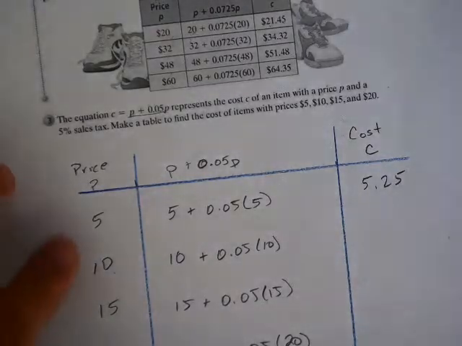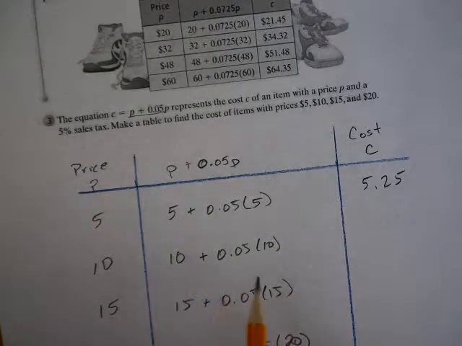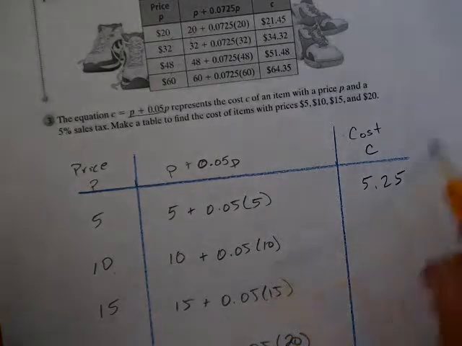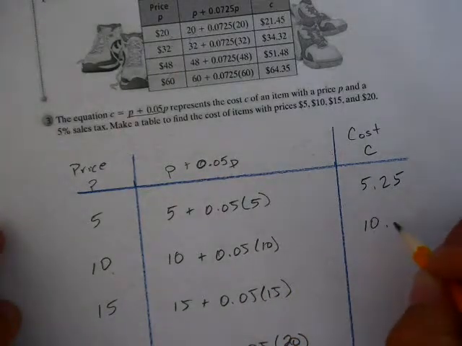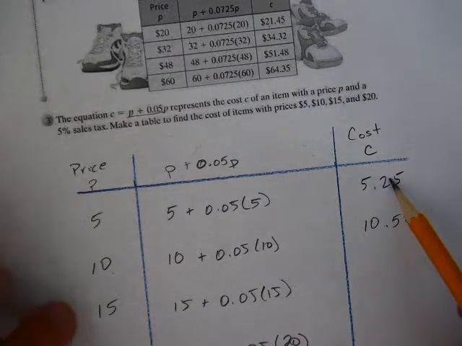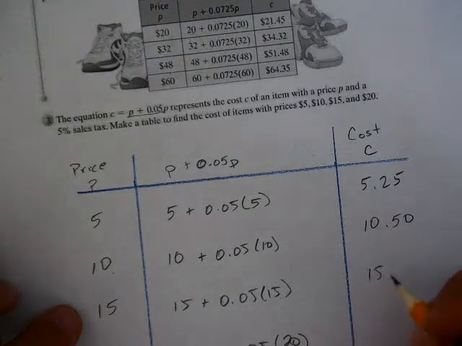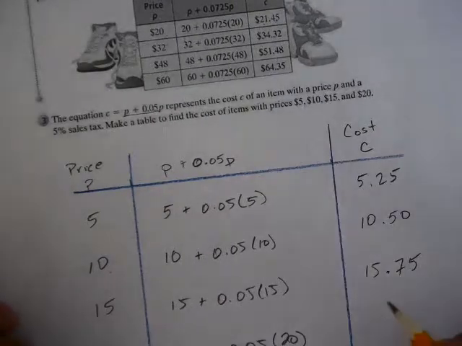Now let's do the next one. If it is $10 plus 0.05 times 10, that should be $10 plus 50 cents, or $10.50. And my pattern looks like I'm just adding 5.25 to each one. So my next one should be 15.75, and then $21 at the end.